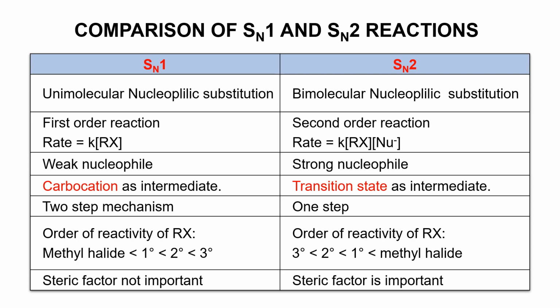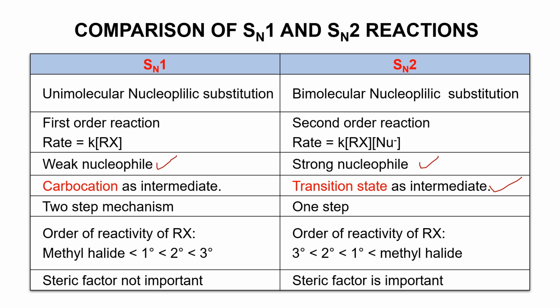SN1 involves a weak nucleophile, while SN2 involves a strong nucleophile. In SN1, the intermediate is a carbocation, while in SN2 the transition state is the intermediate. SN1 involves a two-step mechanism, while SN2 has only a one-step mechanism.